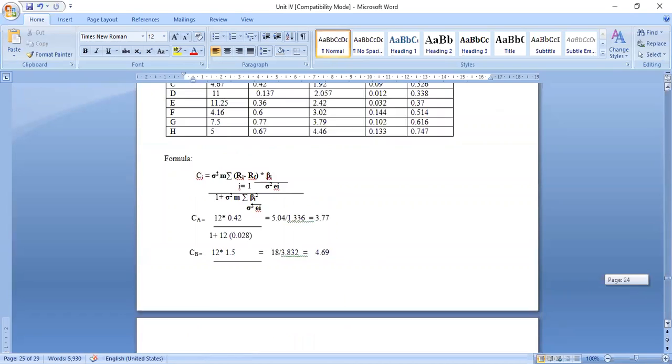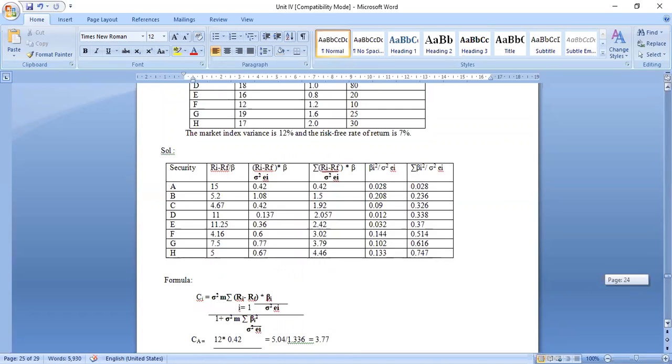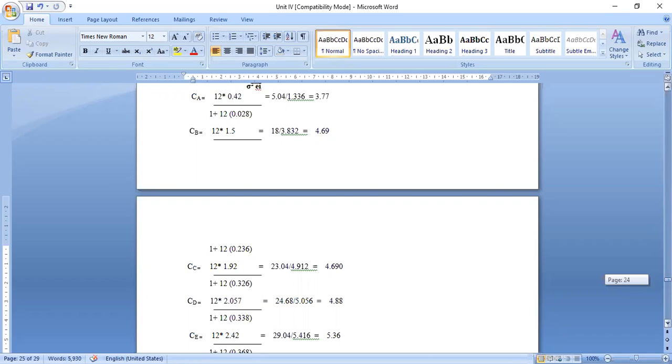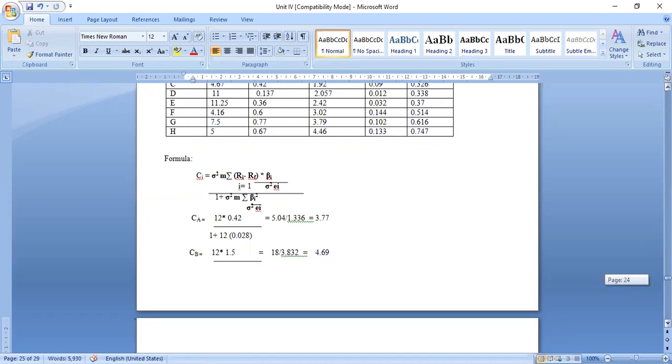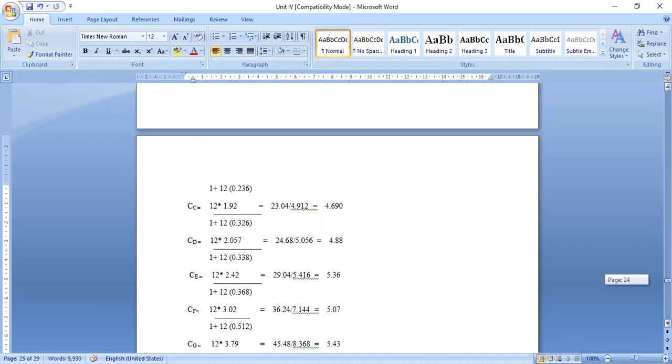Next we have for security E, 2.42. Okay, this is correct. Divided by 1 plus 12 into 0.37, plus 1, 5.44, 5.33. Okay.